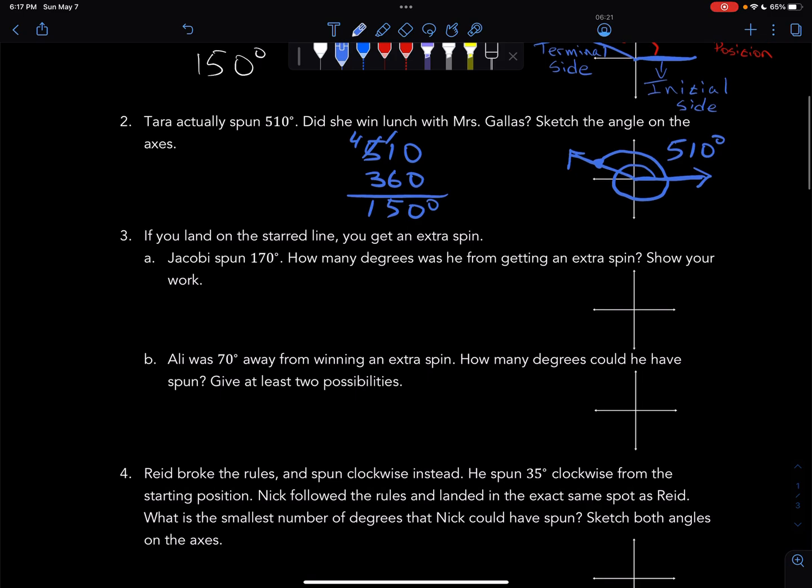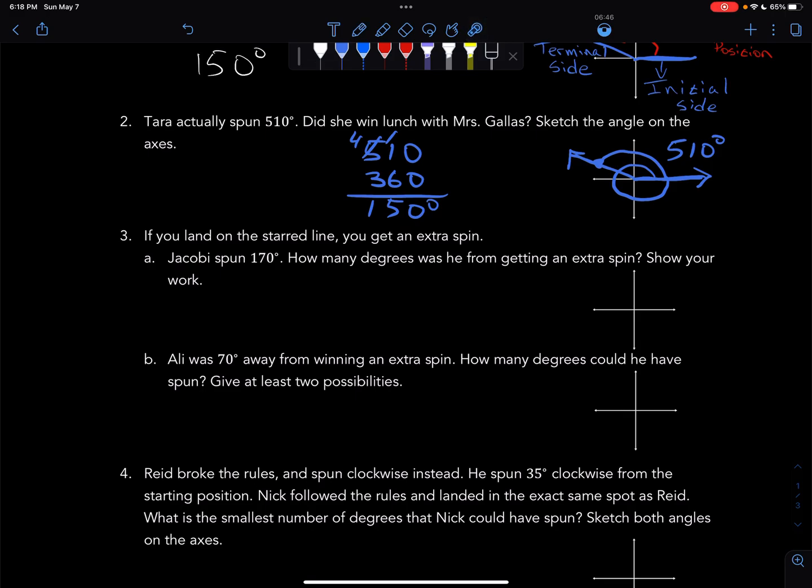Number 3, if you land on a starred line, again, there are no starred lines, it's okay. Jacob spun 170 degrees. How many degrees was he from getting an extra spin? I guess maybe this negative x-axis is our starred line right there. So we're going to just draw in 170 degrees.